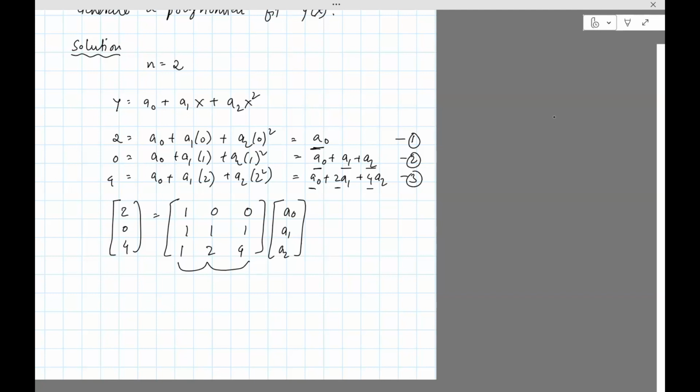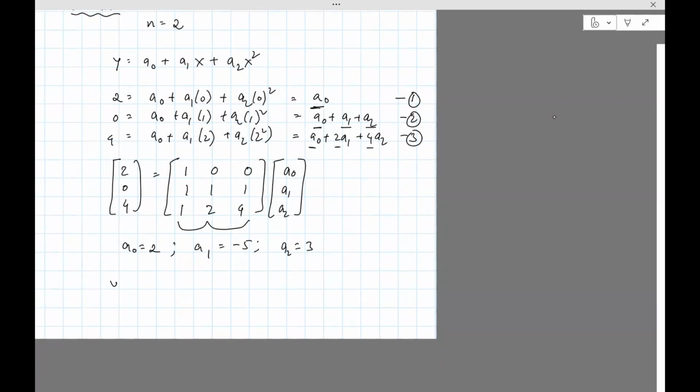So we need to invert this matrix and solve for the a's, right? So I did that for you. a0 is 2, a1 equals minus 5, a2 equals 3, and so we have y equals 2 minus 5x plus 3x squared, and that's our final answer.